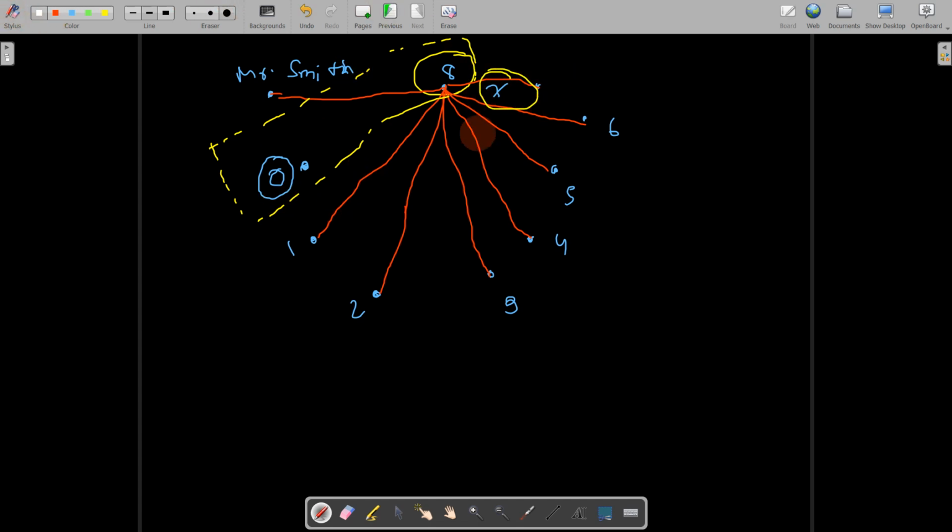This 7 person has not shaken hands with 2 people. Can you identify who these 2 people are? One is his own spouse and the other is the person who did not shake hands with anyone else, that means the 0 and this 1. 7 did not shake hands with the person who did one handshake, because that person has already shaken hands with 8. So 1 and 7 are spouses, right?